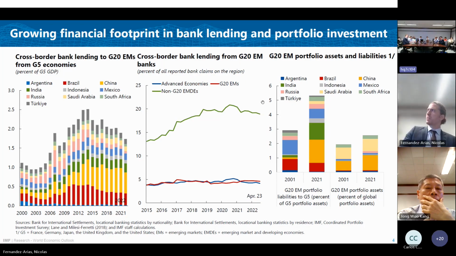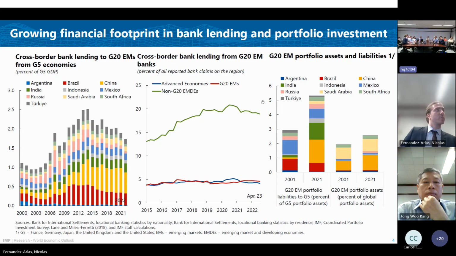We can turn this around in the middle chart, where we look at bank lending from G20 emerging market banks to other groups of economies as a percentage of all reported bank claims on the respective group. And there are really two stories that come out of this analysis. One, lending from G20 emerging market banks to each other and to advanced economies is relatively limited as a percentage of bank claims on those groups.